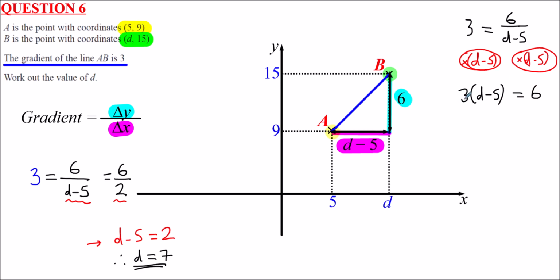I can then divide both sides by 3, and I'm just left with D minus 5 equals 6 divided by 3. 6 divided by 3 is 2. Then finally, if I add 5 to both sides, I'll see that D will be 2 plus 5, which is 7.